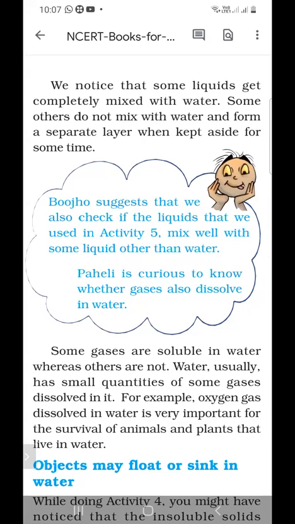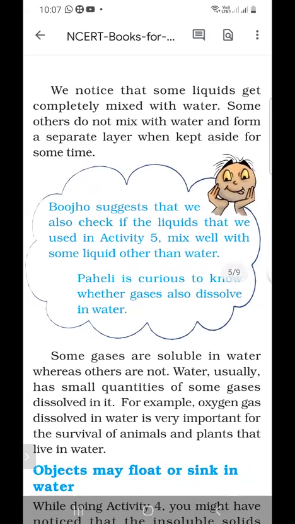And what is the example of mixing of gases into the water? As we know, when we drink cold drinks, some gases are mixed into the liquids, so gases dissolve into the water, and this is the example of dissolving of gases into the water.